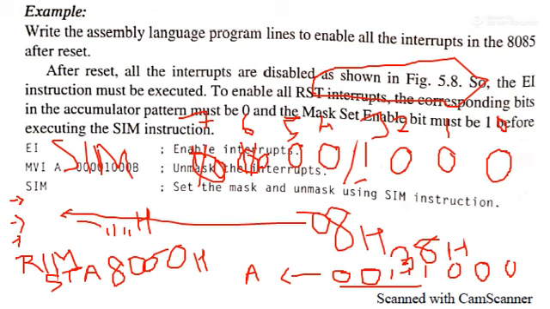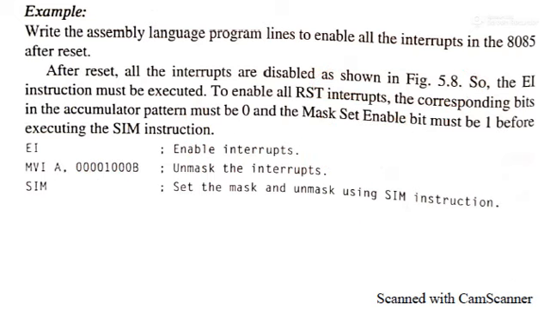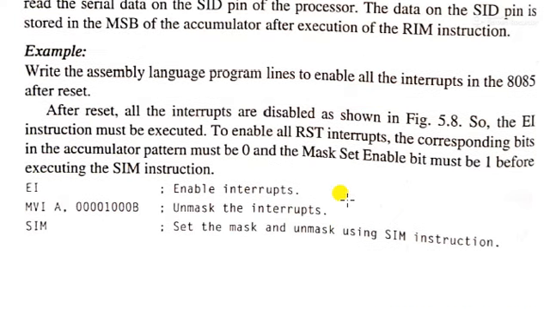I think the RIM and SIM instructions are clear to all. If you have any doubt, come to my Google Classroom and ask me there. So I will give an assignment.